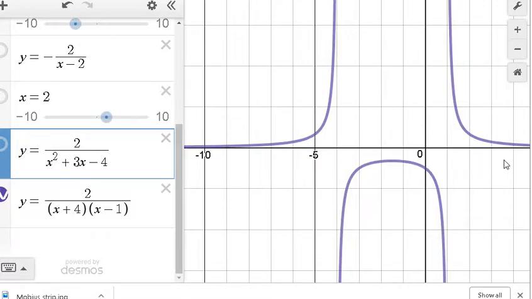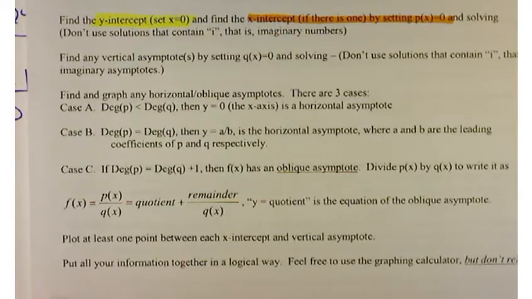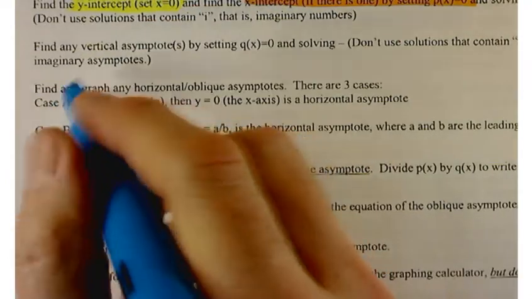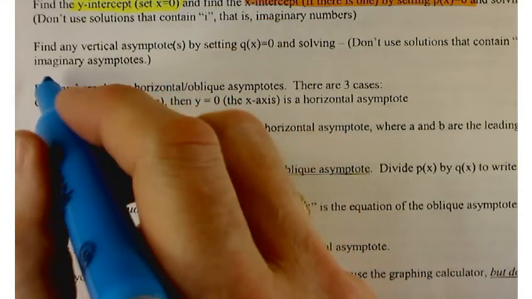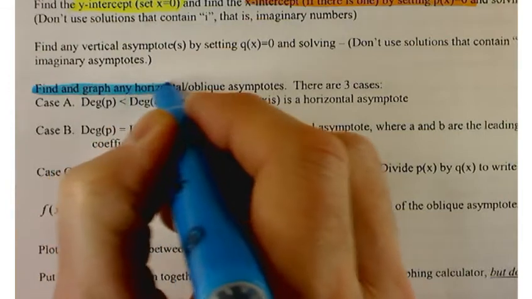So, wow, okay. There's a lot going on. Let's understand it. Let's go back to our handout. We're going to come down to this part right here. Find and graph any horizontal/oblique asymptotes. We're just going to work with the horizontal asymptotes for the moment.